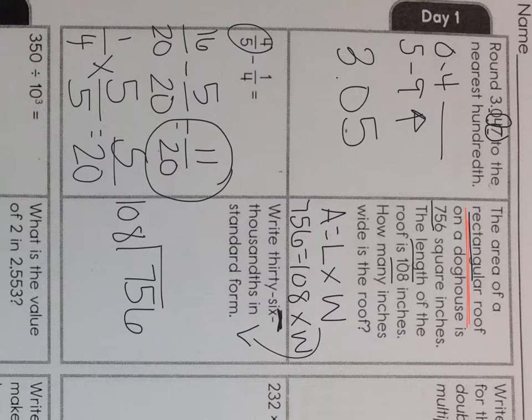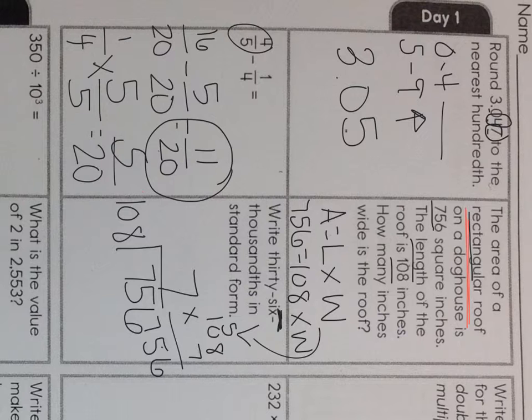So let's just see what 108 times 7 is. It's a good place to start. 8 times 7 is 56. Carry the 5. 0 times 7 is 0, plus 5 is 5. 1 times 7 is 7. So I was actually correct.